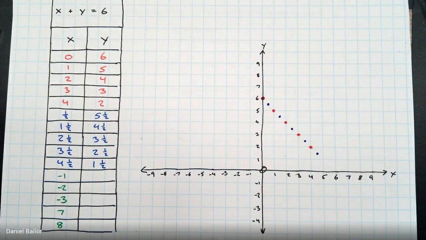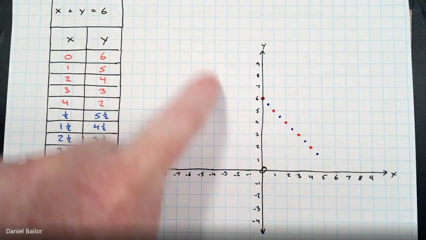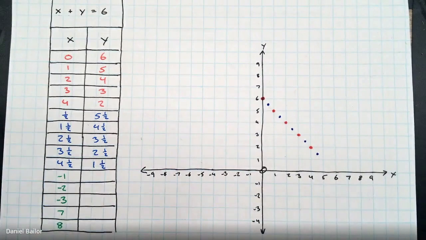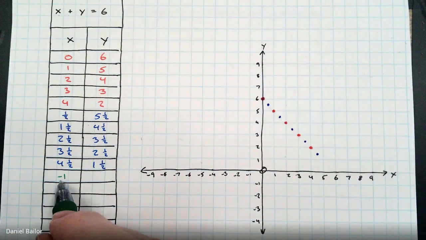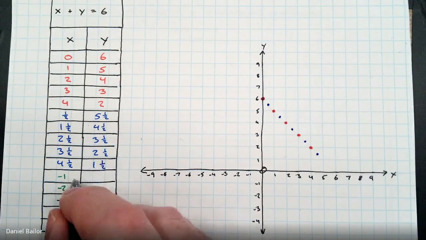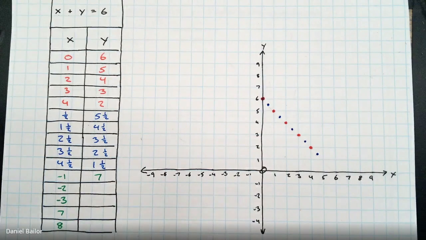Can we be sure? Well, you might be thinking, yes, I can be sure. But what happens if it changes at the negatives? What happens if in this quadrant it does something weird, and in this quadrant it does something weird? So let's add some more coordinates and see if it continues. When x is -1, -1 plus 7 makes 6.